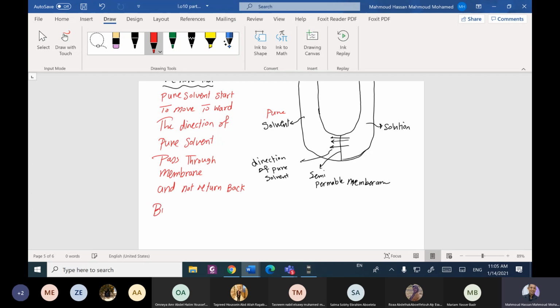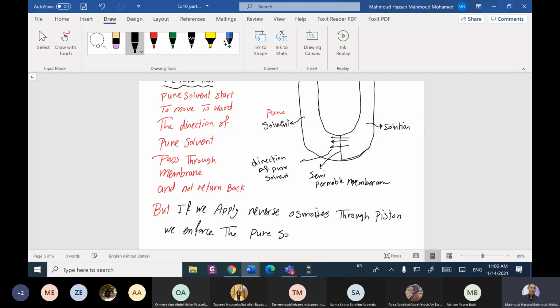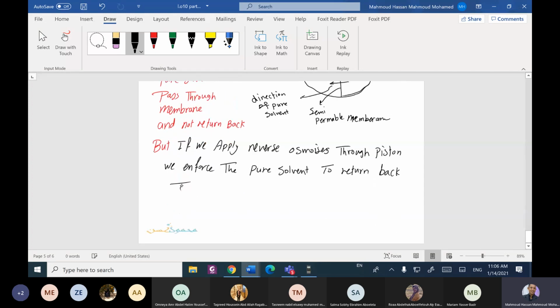But if we apply reverse osmosis, we force the pure solvent to return back to the solution again.